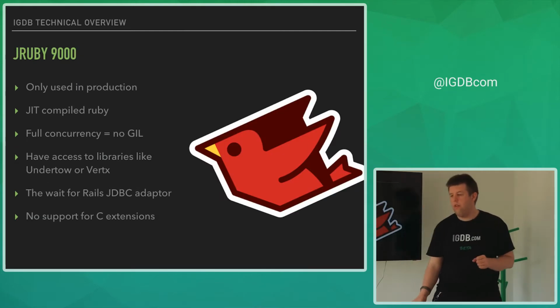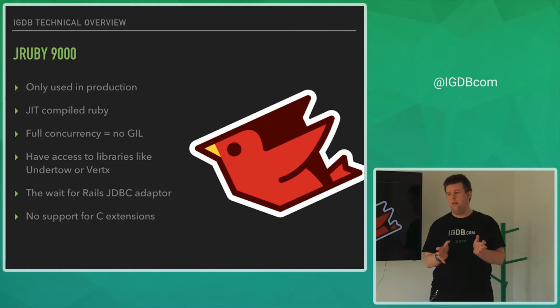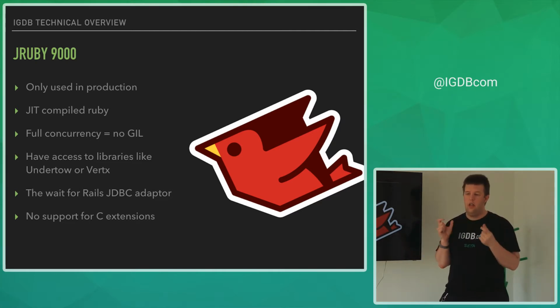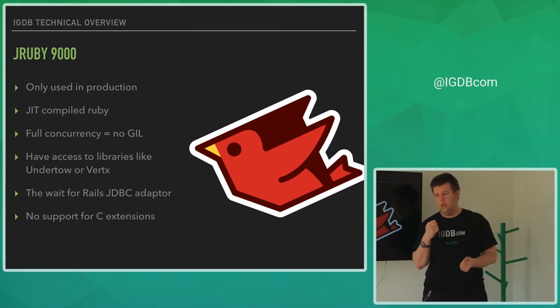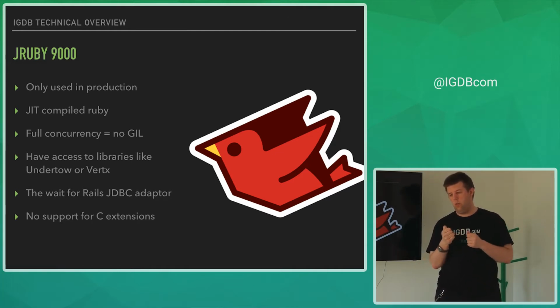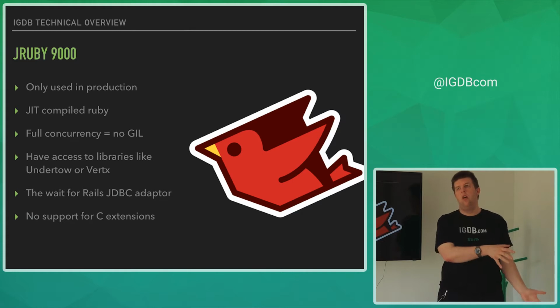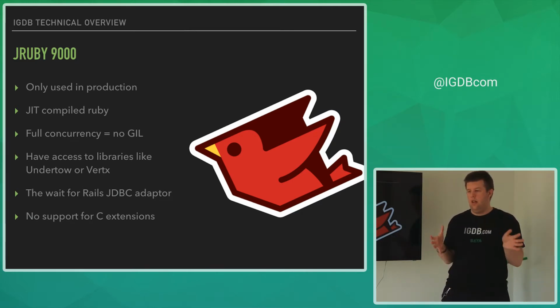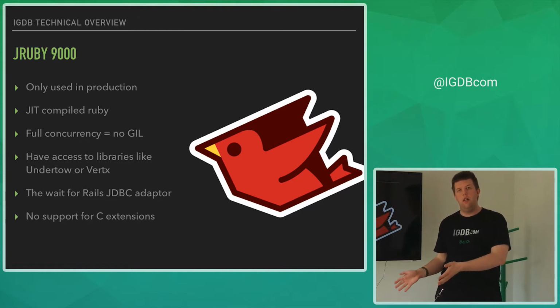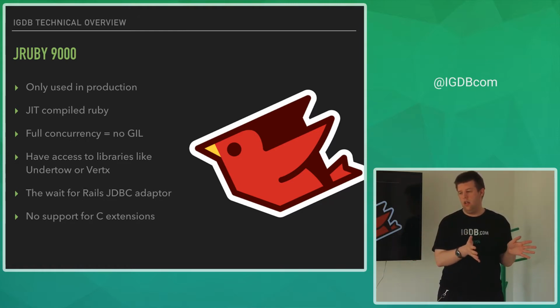So the first one is JRuby 9000. It's only used in production. It's a JIT compiled Ruby, and why we use it instead of the official Ruby implementation is that it is JIT compiled, and it has full concurrency.